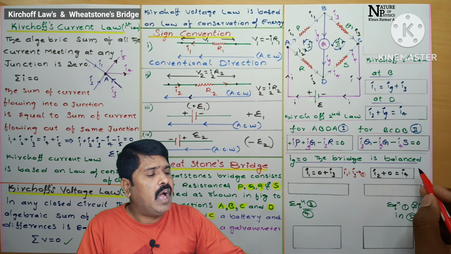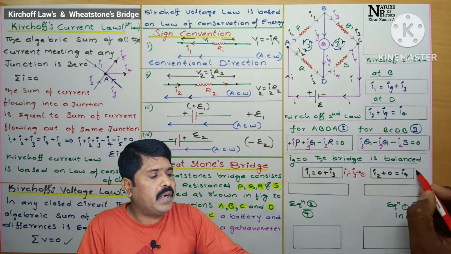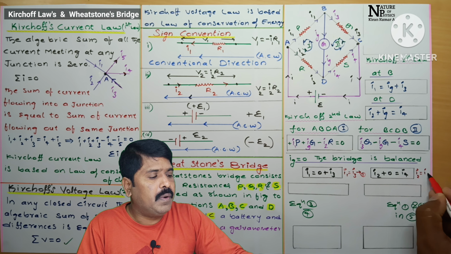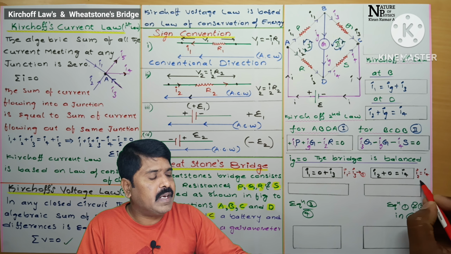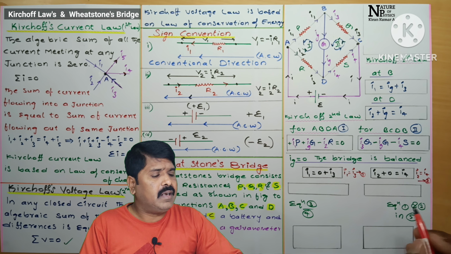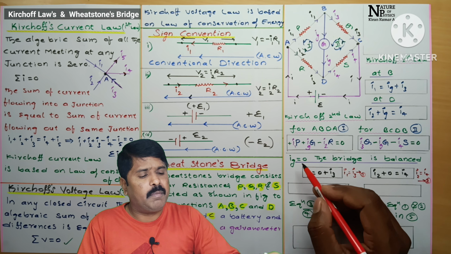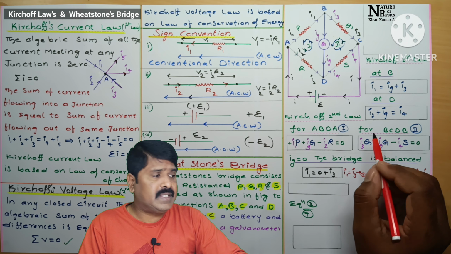And next, I2 is equal to I4, which is represented as equation number 2. Okay, student.